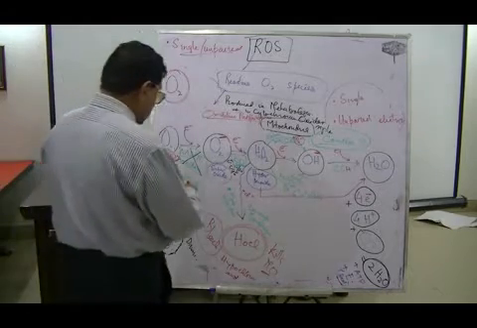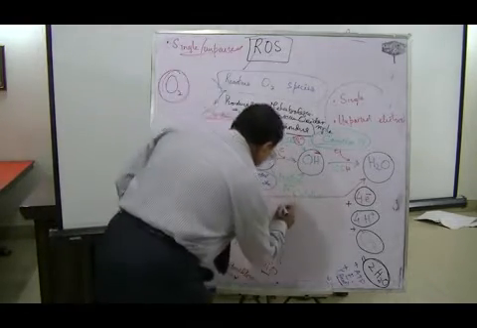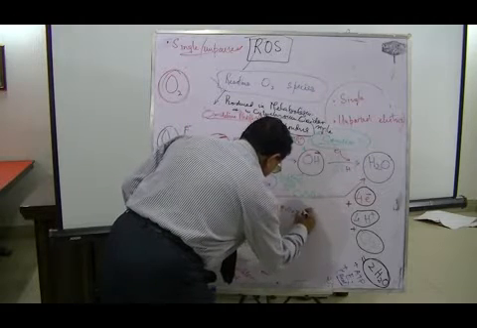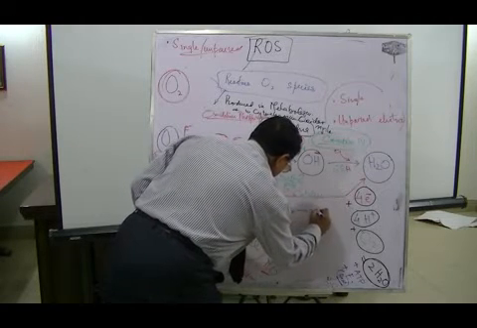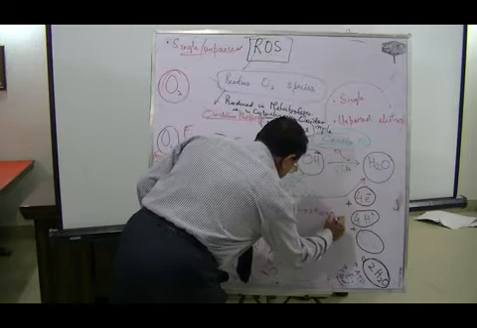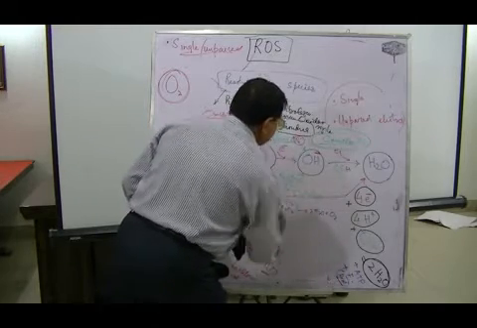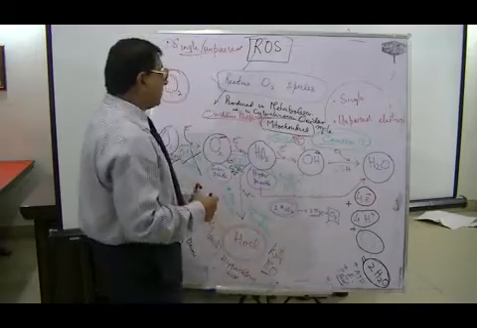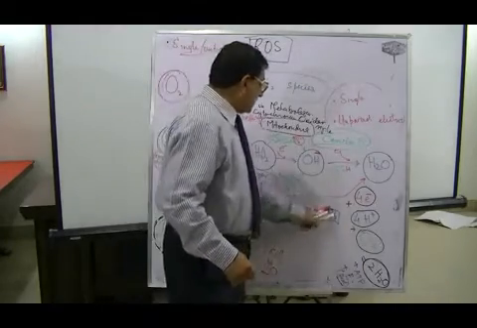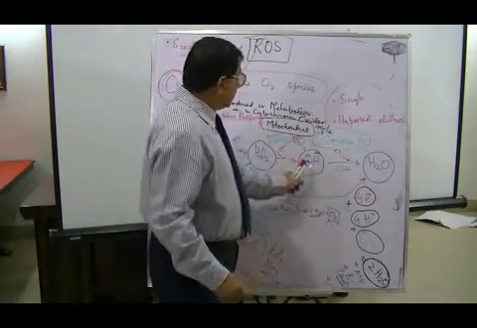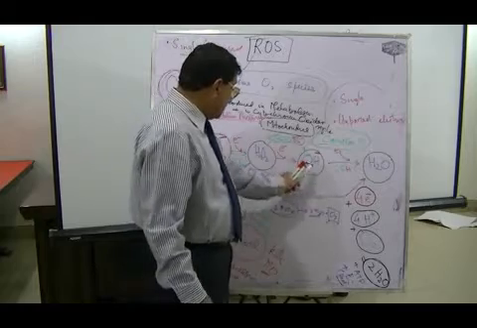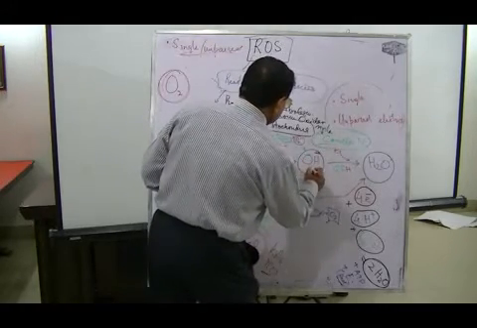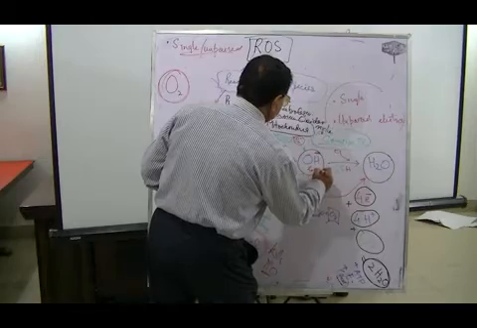Because in catalase, 2 molecules of H2O2 will give rise to 2 molecules of water plus oxygen. So this is how it is kept in check. When it is converted into neutral water and oxygen, there is no chance of making it the potentially lethal, most lethal hydroxyl ion.